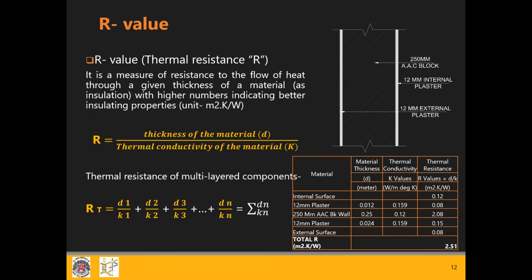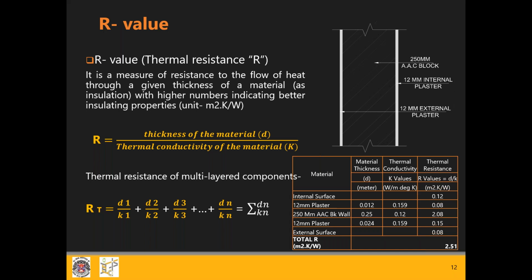Now, the main thing here is what determines the property of your building envelope, and how would you know that yes, my building envelope is good enough or not. The main thing is the R value. R value stands for thermal resistance.